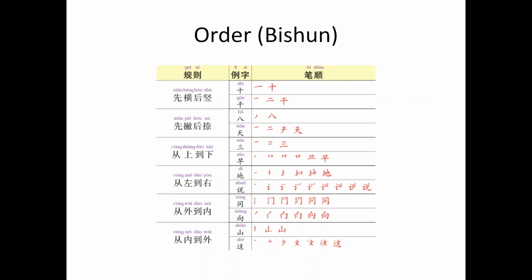For example, that's how we write horizontal stroke or 横 from left to right. And that's how we write a vertical stroke or 竖 from top to bottom.